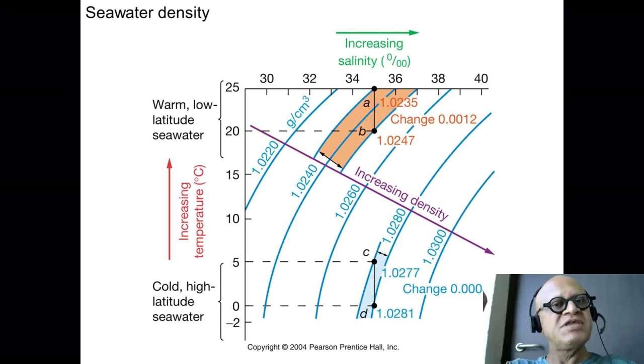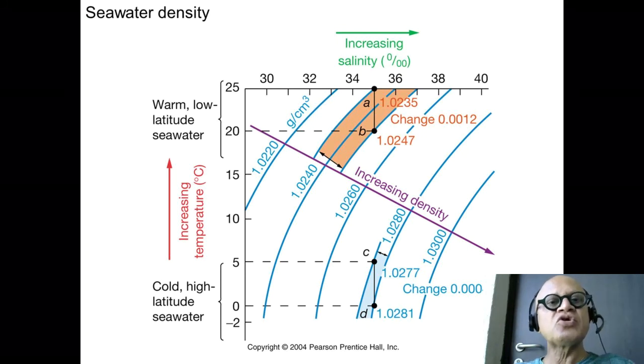Okay, same density, different salinity and temperature, and you're going to mix them. You're going to get average temperature, average salinity, which is actually going to end up being somewhere here. You're mixing this salinity and get a different salinity. You're going to mix this temperature and get a different temperature.